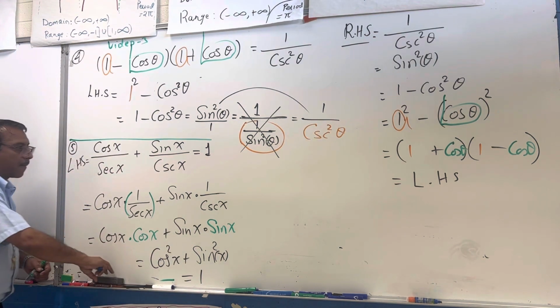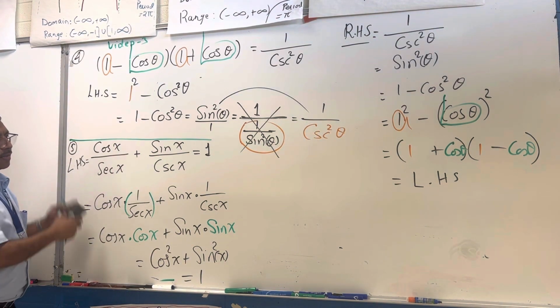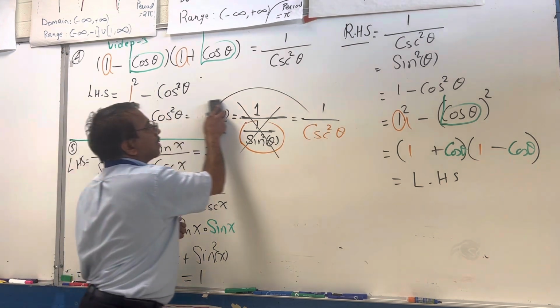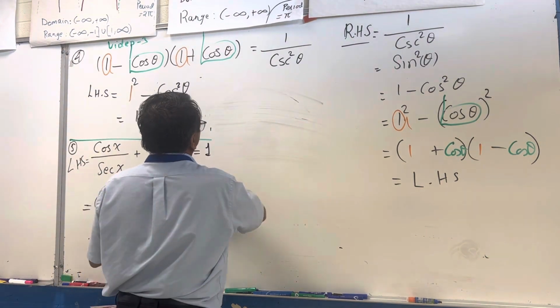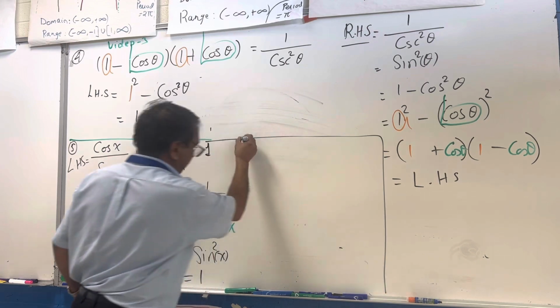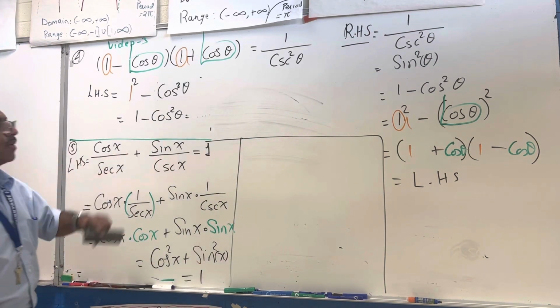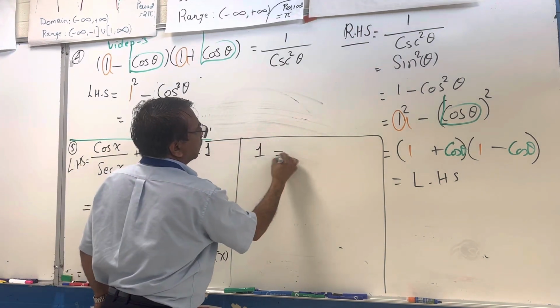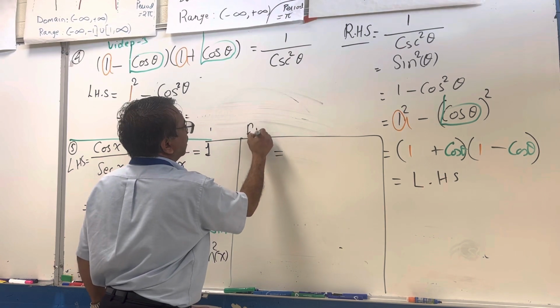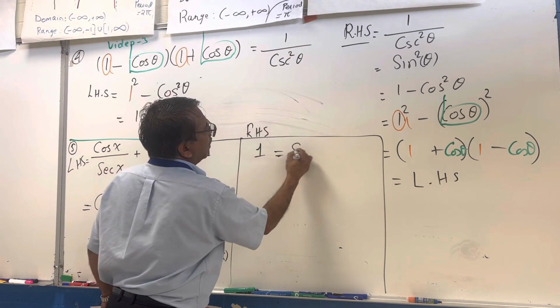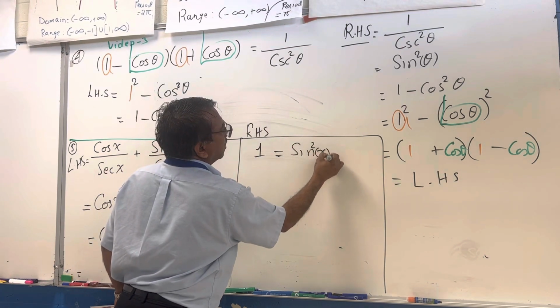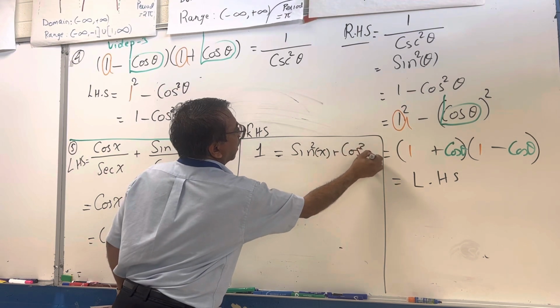That's easy, so the left equals the right. But can we go from the right side? If I start with 1, of course 1, this is the right side. 1 is always sine square of x plus cosine square of x.